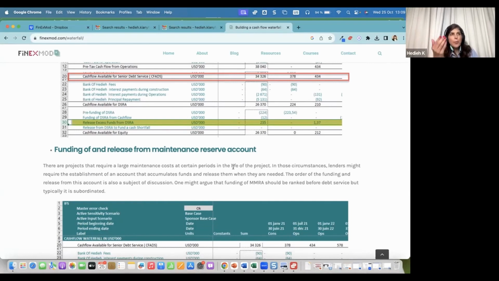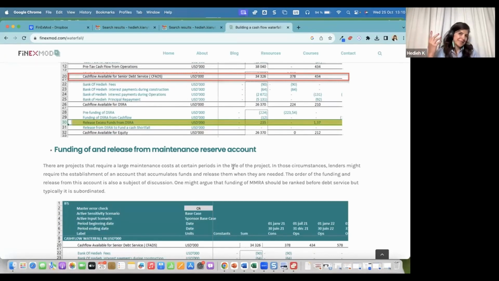For example, the funding of the maintenance reserve account in almost 100% of projects has been subordinated to the funding of the debt service reserve account. But to me, it didn't make sense. Maintenance, to me, should even be a priority over debt service.